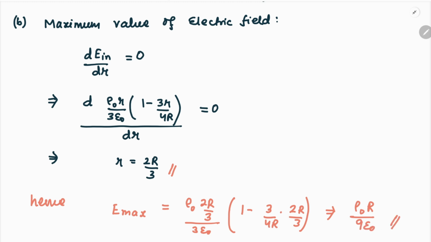So this is the maximum value of field that we have, and it is at a distance of 2R by 3 inside the sphere. So this was problem number 3.25, seventh problem in this series.